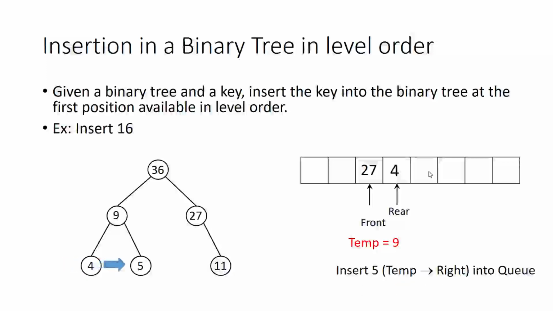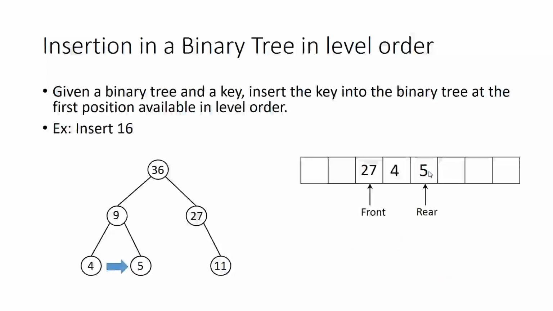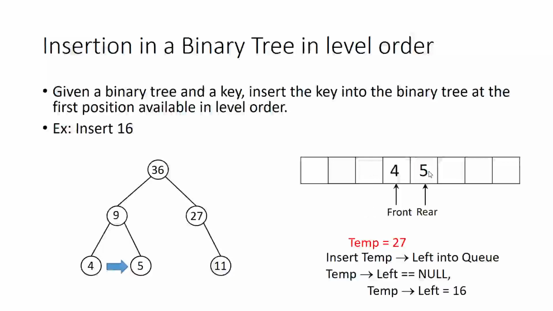Similarly, increment the rear pointer and insert 5 into the queue. Now the next value to be deleted from the queue is 27. When you are deleting 27, it should be made as temp and front will be incremented. So you can see that 16 is inserted into the first available position because the left of 27 is null. So you will insert 16 in that particular location.